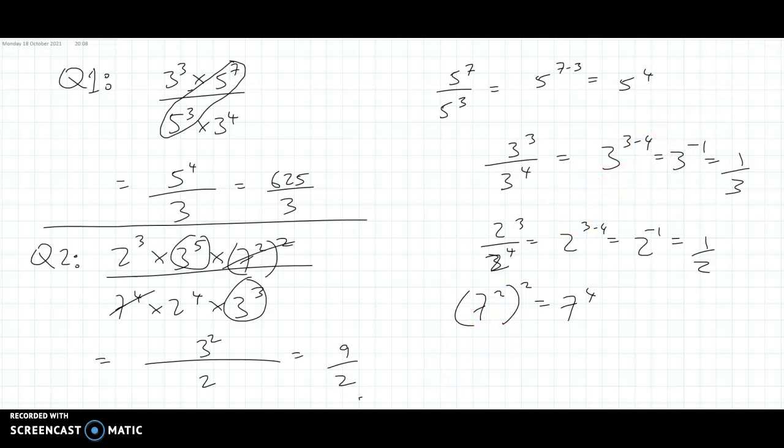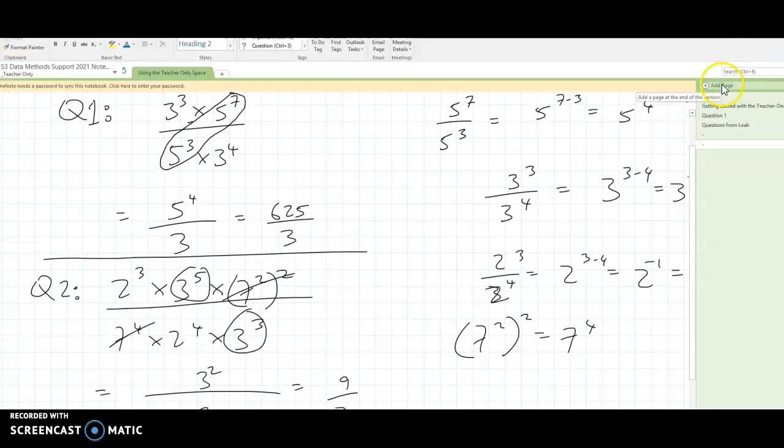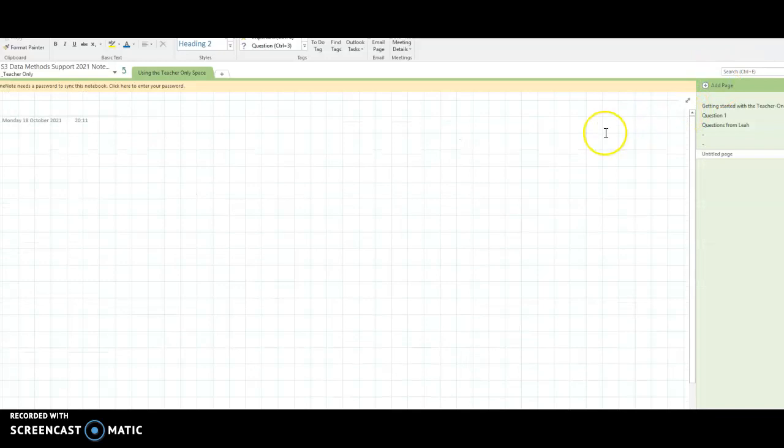1 and 2 done, and now I want to look at question 3. It's a complicated looking one here.